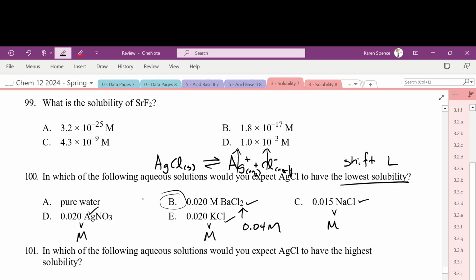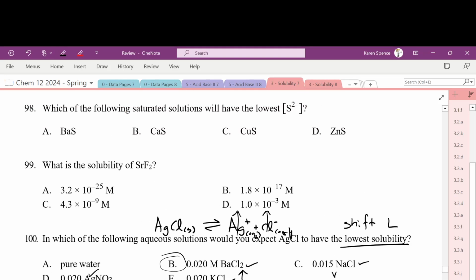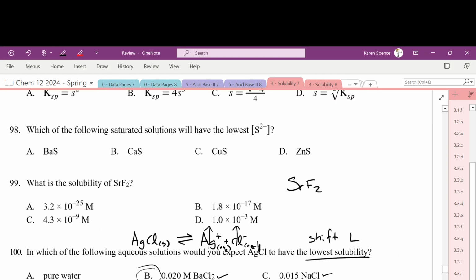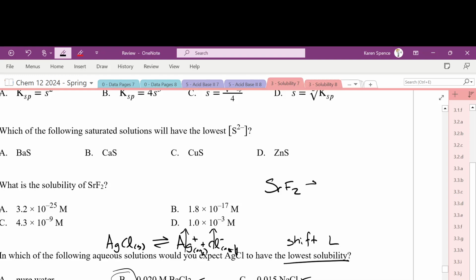What is the solubility of SrF2? SrF2 is in equilibrium with Sr2+ plus 2 F minus, and we're going to let x equal the solubility.